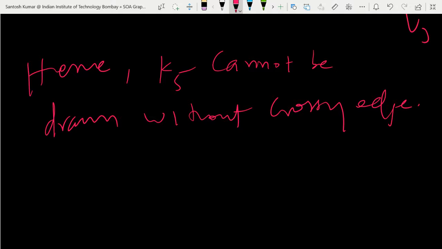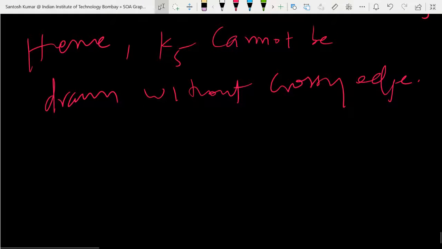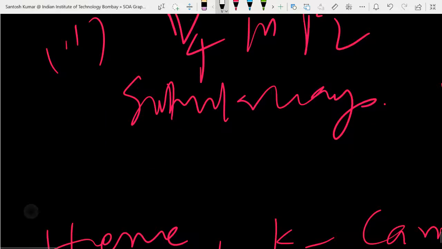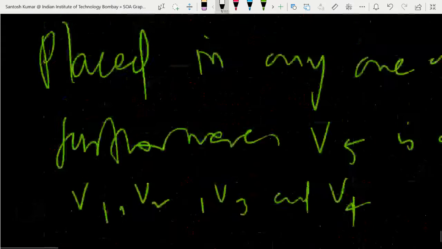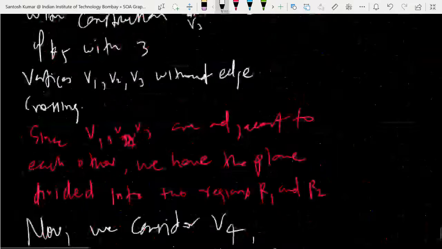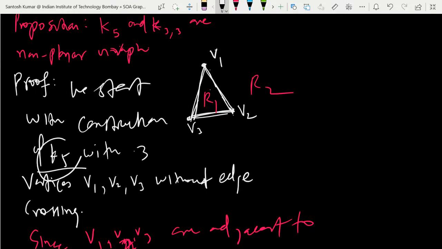A similar proof can be written for K33. But in exams, if they ask you, how will you write the proof? So the next part is now for K33. The second part of this theorem was K33, and the first part was K5. First we were doing this for K5, so we started with K5.